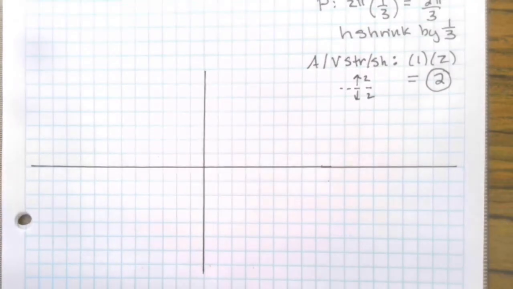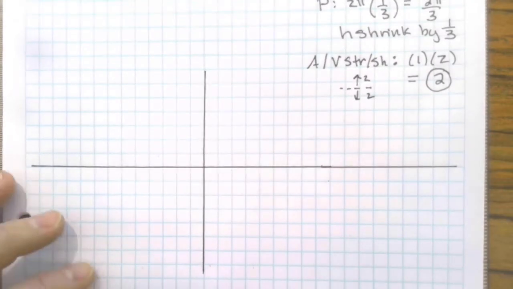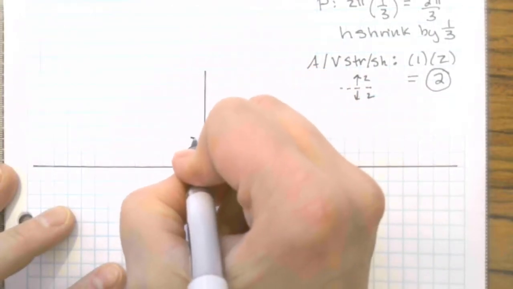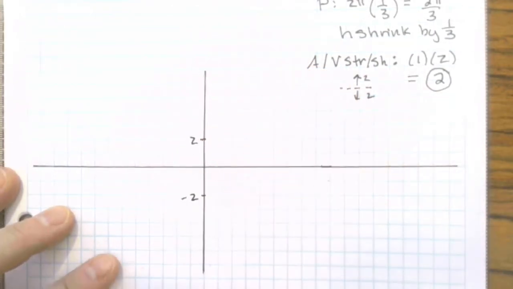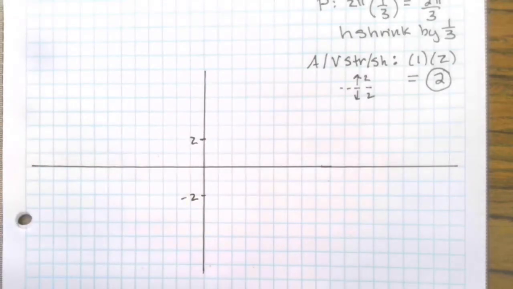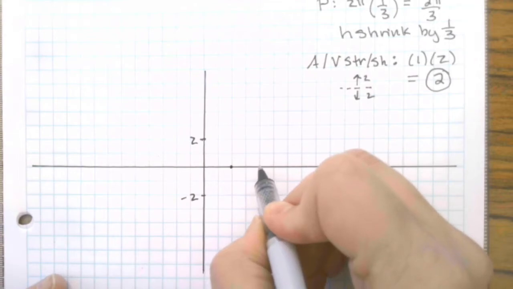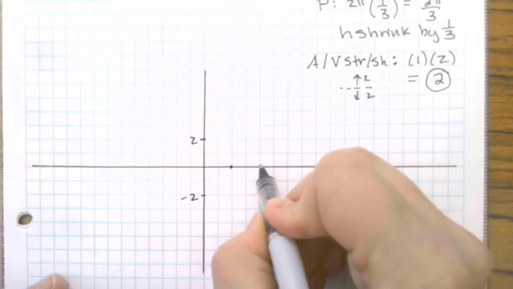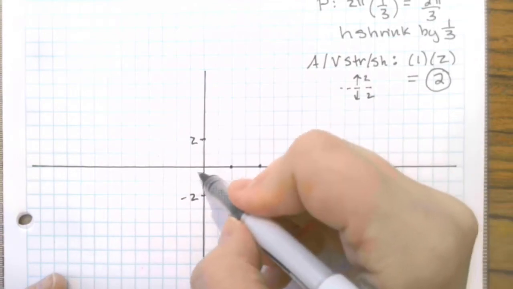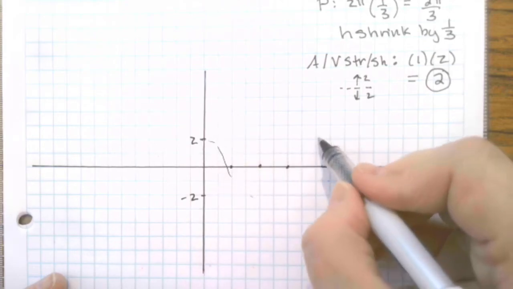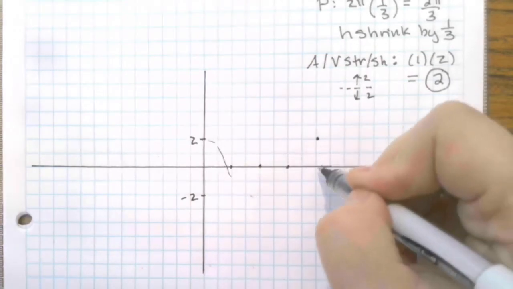Okay, so anytime you get a new period, first of all, let's do the amplitude. Amplitude is 2. So I'm just going to say I'm counting by 2's. 2 and -2. 2 up, 2 down. And normally we go middle, we go up, middle. So our sine wave goes, sorry, our cosine wave goes up, down, up, and then up again.